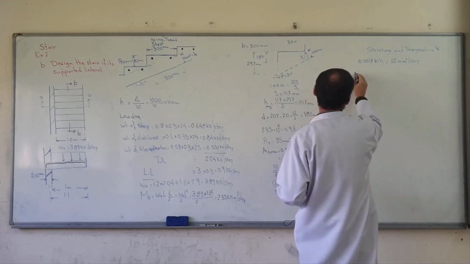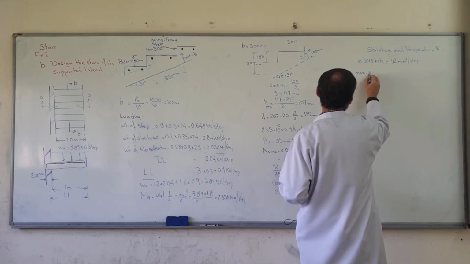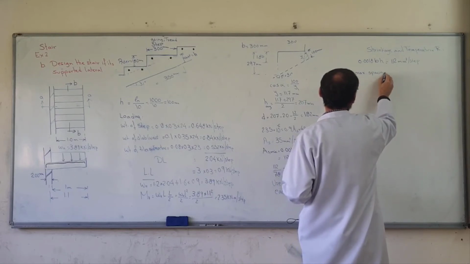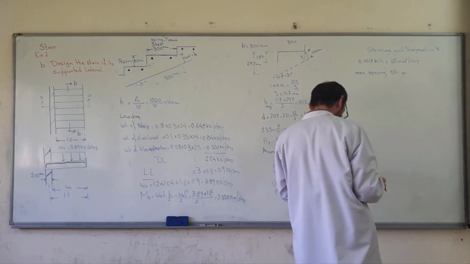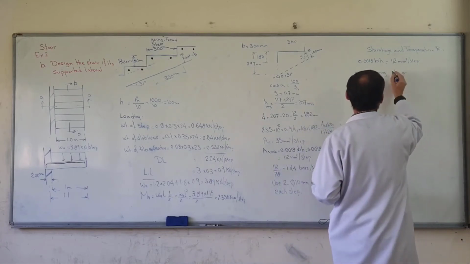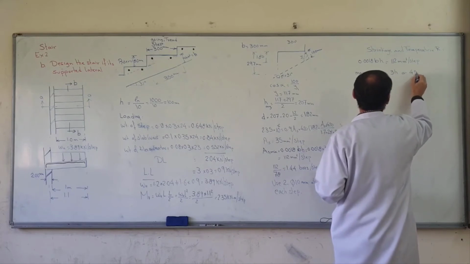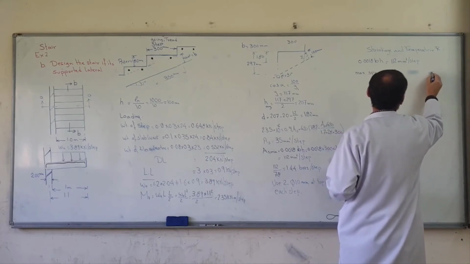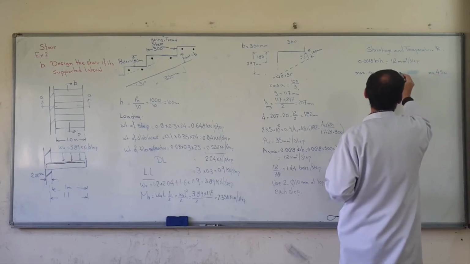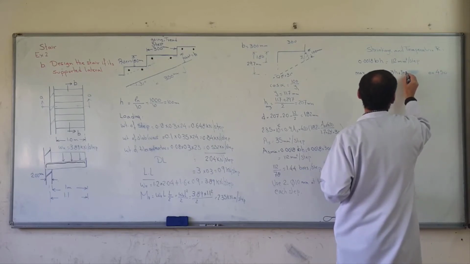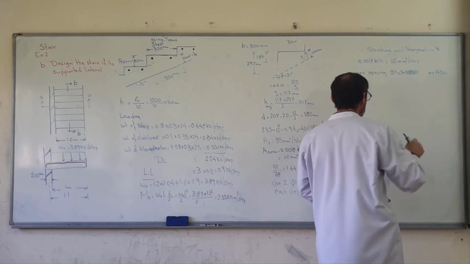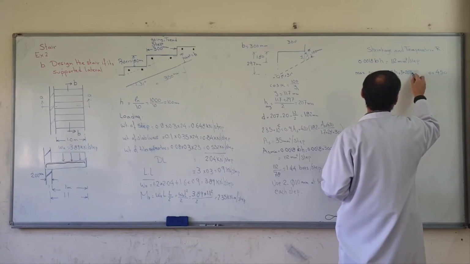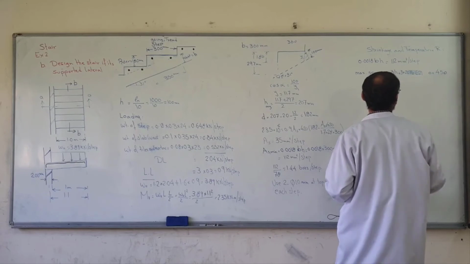Maximum spacing between the bars, either 5H or this is structural 3H or 450. 3H, 3 times 2, 3 times 207 is 621 millimeters or 450 millimeters.